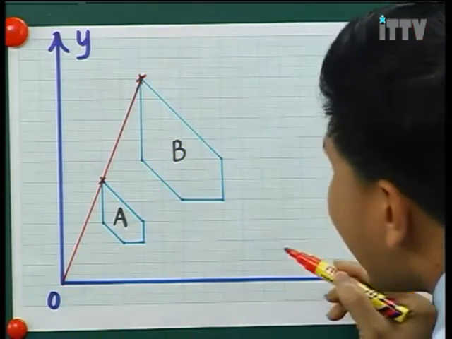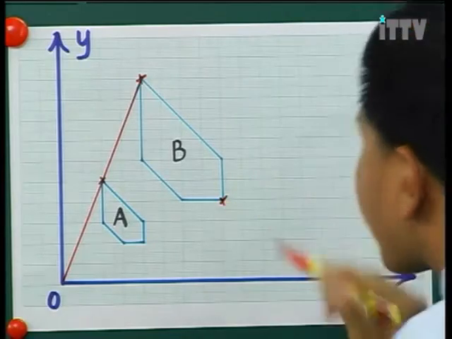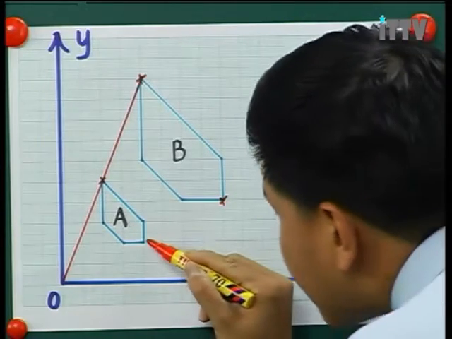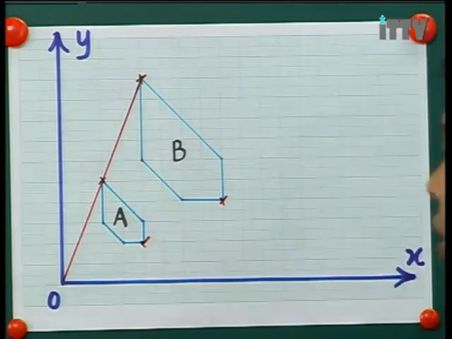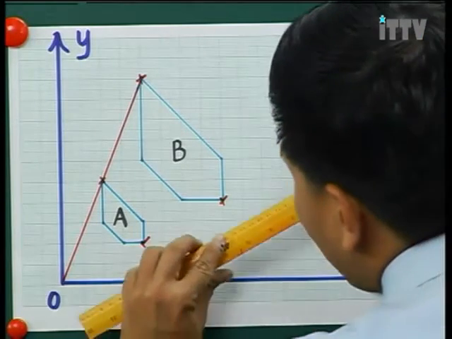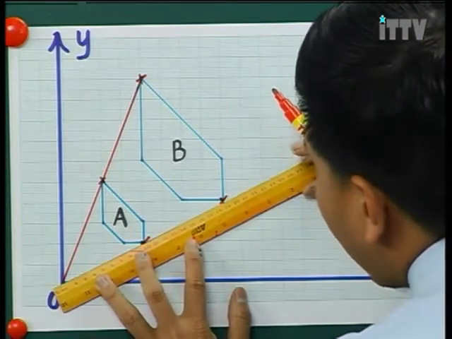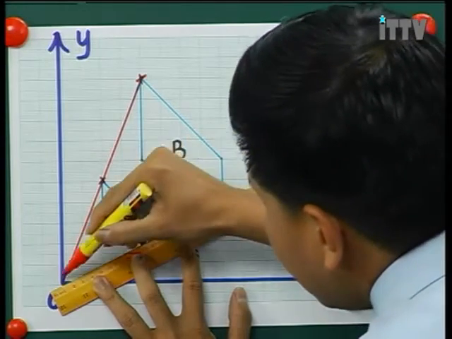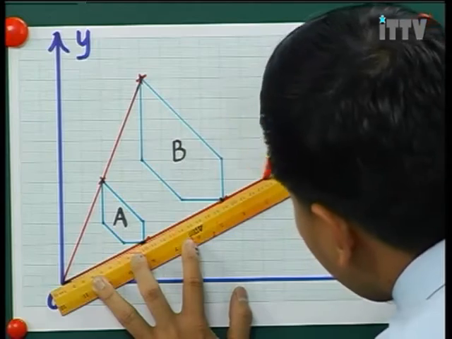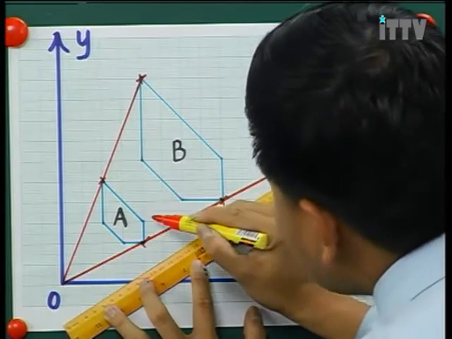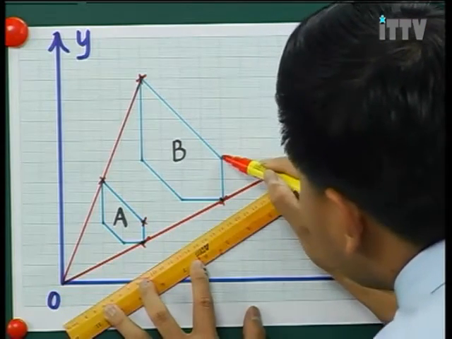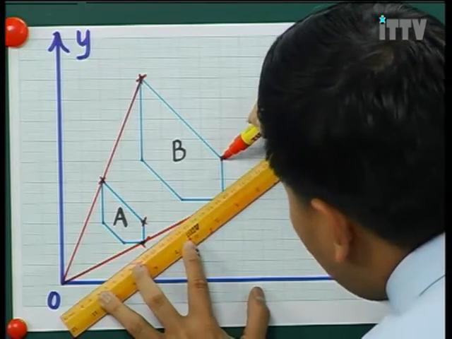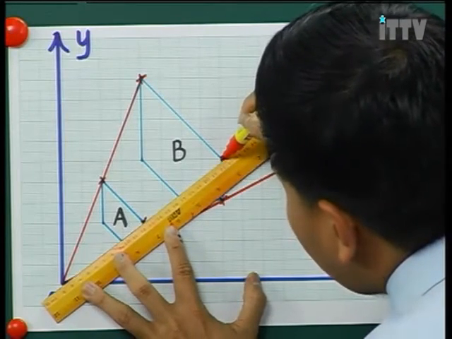Now pick this point. Its corresponding point on the object is this. We are choosing the same point; they are called corresponding points. Then draw and connect them. Where will they arrive? They will arrive right here. Choose this point, and it will be this point. They are equal points, just in different positions.